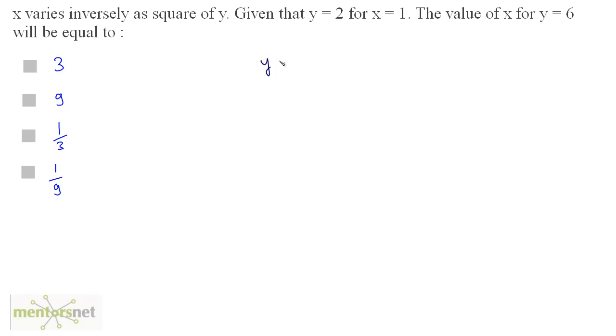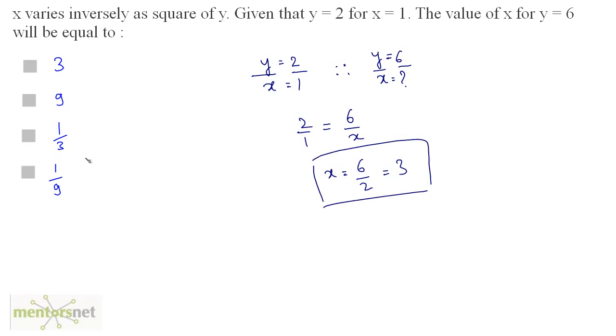Y is 2 when x is 1, and y is 6, and we have to find x, right? So we can write it as 2/1 is equal to 6/x. So x is equal to 6/2, and that is 3, and you may mark option 1 as the correct answer.